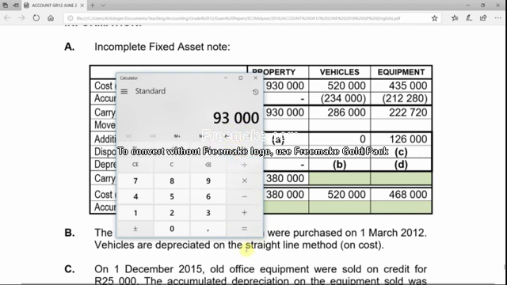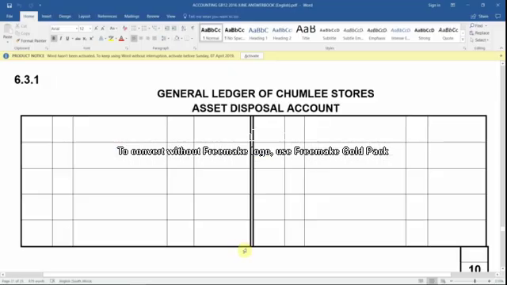So that was the cost of the equipment that we dispose of. Now we know that assets always basically have a debit balance. So we need to get rid of this asset of 93,000. Our asset account we will therefore have to credit by 93,000. Therefore, another account we will have to debit, namely our asset disposal account.